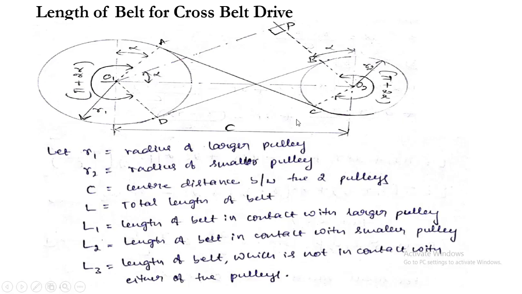And L3 is the length of the belt which is not in contact with either pulley. So you can see here from A to C as well as D to B, these two lengths of the belt are not in contact with either of the pulleys. So this is L3. L3 is nothing but AC plus BD.